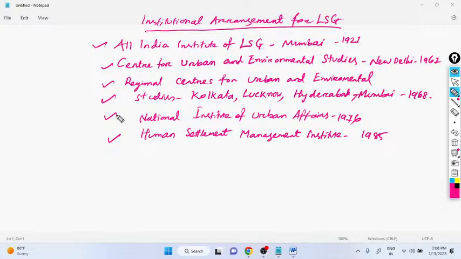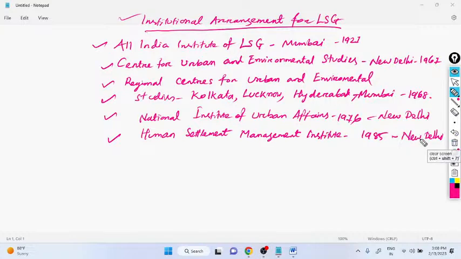Yes, human settlement managed under the Housing and Urban Development Corporation, and it is also situated in New Delhi. Alright, so these are called the institutional arrangement for the growth and proper management of urban areas. They provide inputs for better urban management in India.